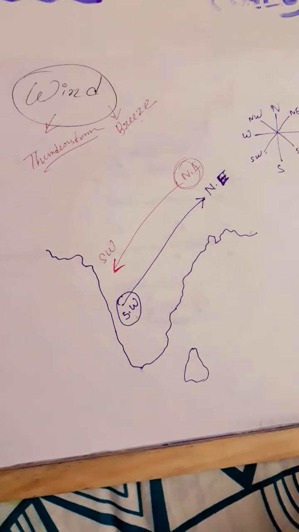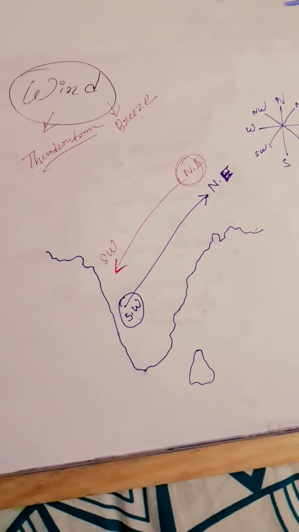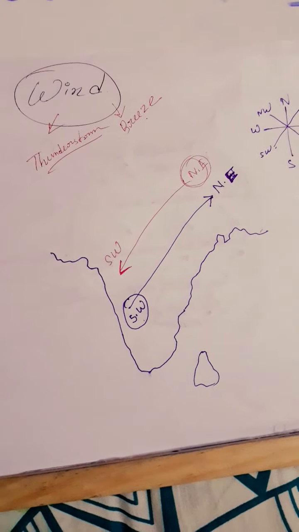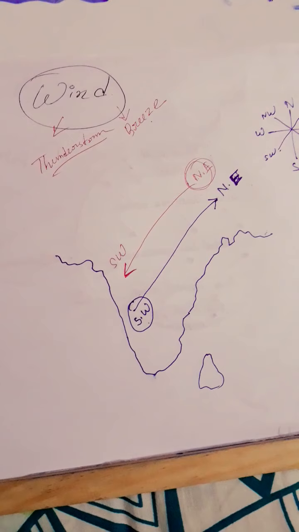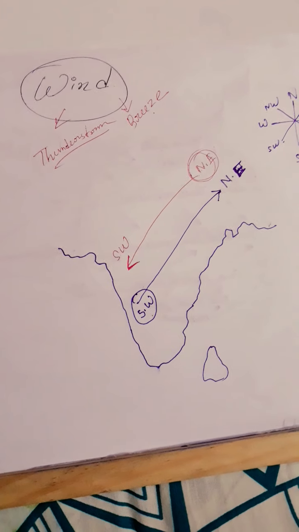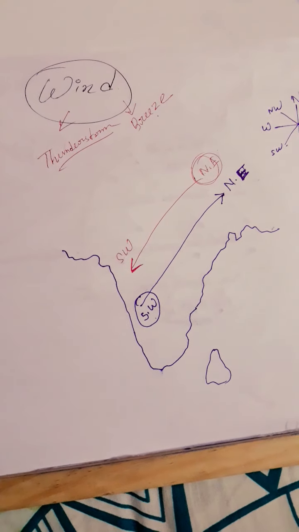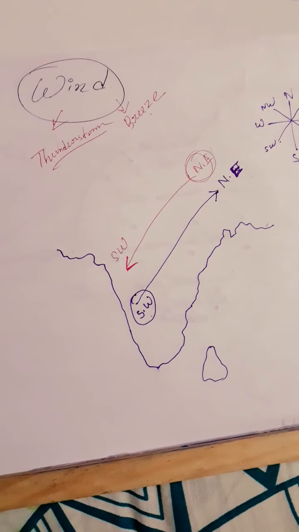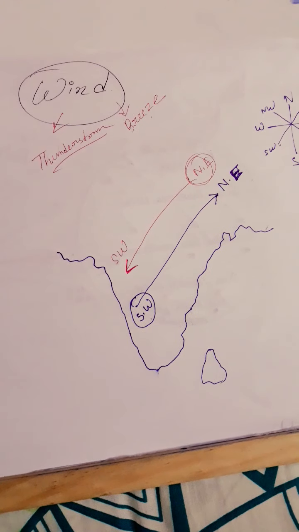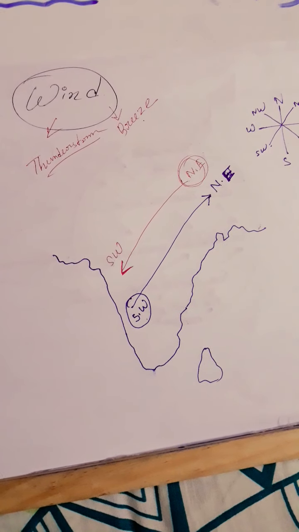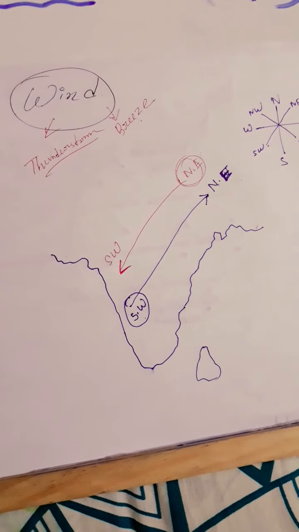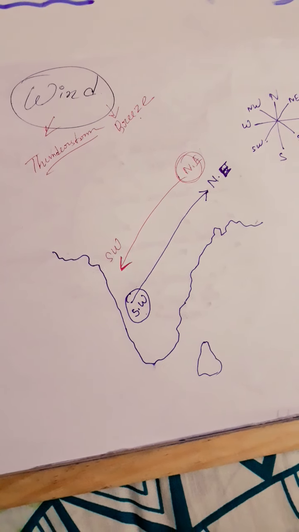So the wind has different names based on its features. Previously I told you that by the help of the wind vane we determine the direction of the wind. Now wind speed is measured with the help of an instrument. The name is the anemometer.